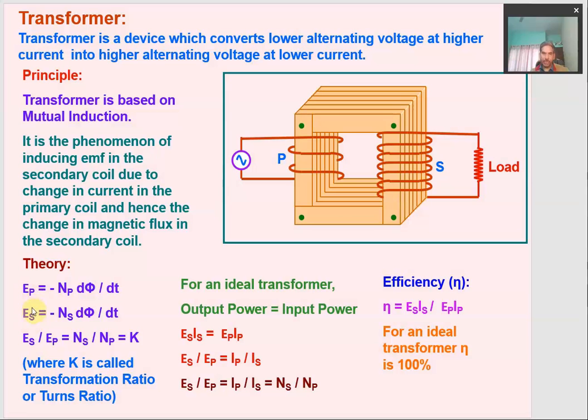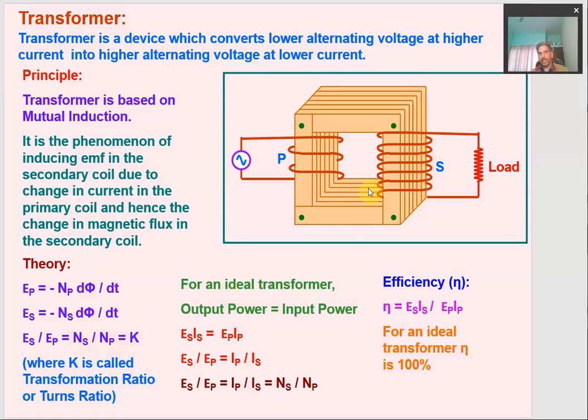If we divide these two, we divide ES with EP, so we get ES upon EP. Here d phi upon dt cancels out, and in the numerator we are left with Ns upon Np. This ratio of the number of turns in the secondary coil to the number of turns in the primary coil is represented by K, and it is called the transformation ratio.